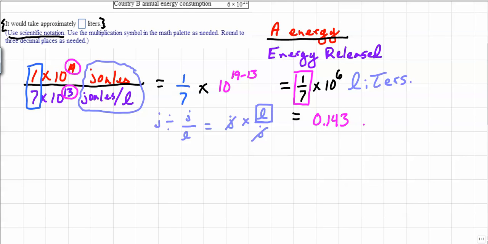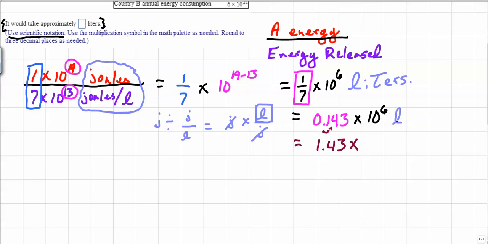The fraction 1/7 is approximately equal to 0.143 rounded to 3 decimal places, and we will multiply that by 10 to the 6. But notice that this 0.143 times 10 to the 6 is not in scientific notation, so I need to make sure that we move this decimal place 1 place to the right and get 1.43.